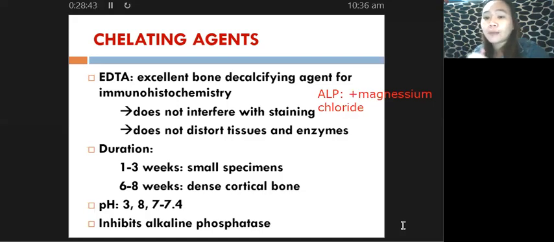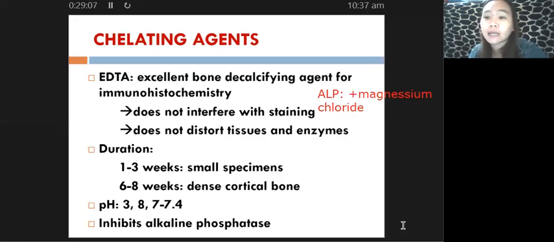Okay, the other formulation that is utilized is your EDTA tetrasodium. The problem with your EDTA tetrasodium is that it is originally basic. It is originally alkaline. Okay, so you have to adjust the pH of your EDTA tetrasodium to 7.4.